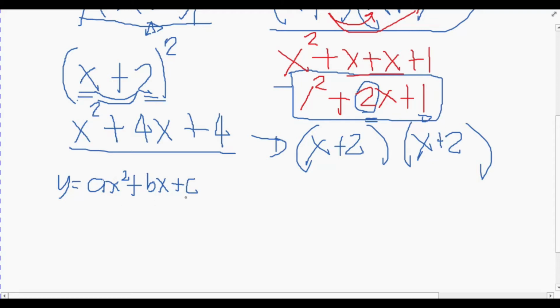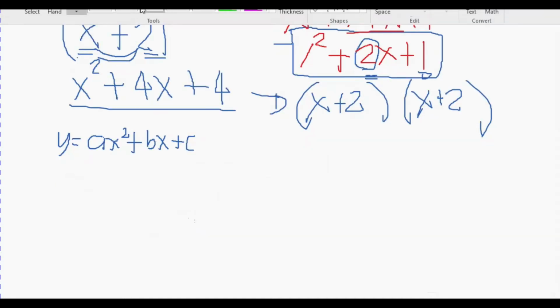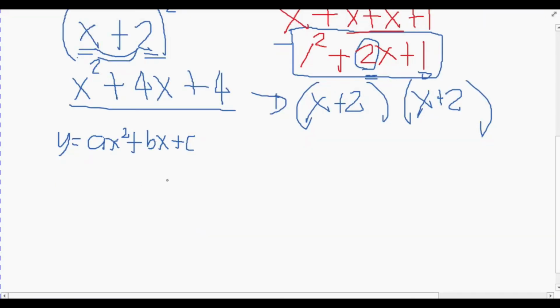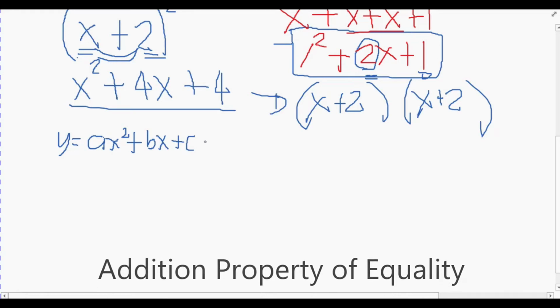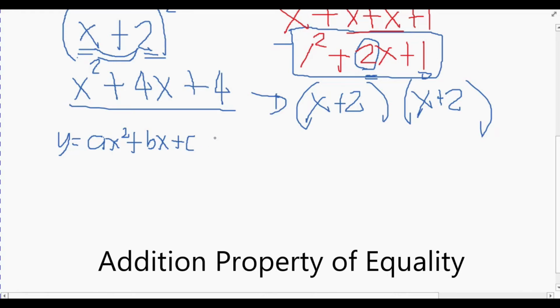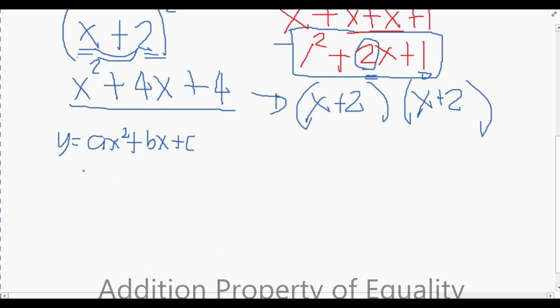So what we're going to do is apply the addition property of equality so that we can eliminate c at the right side of our equation.